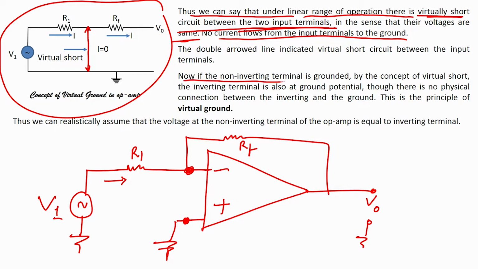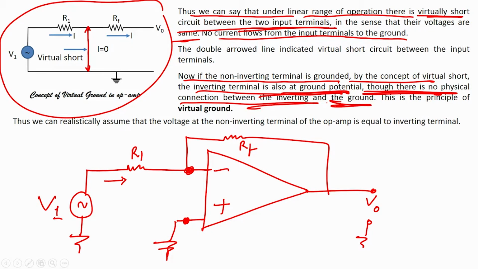Now, if the non-inverting terminal is grounded, by the concept of virtual short, the inverting terminal also is at ground potential, though there is no physical connection between the inverting terminal and the ground. Is there any physical connection like this?